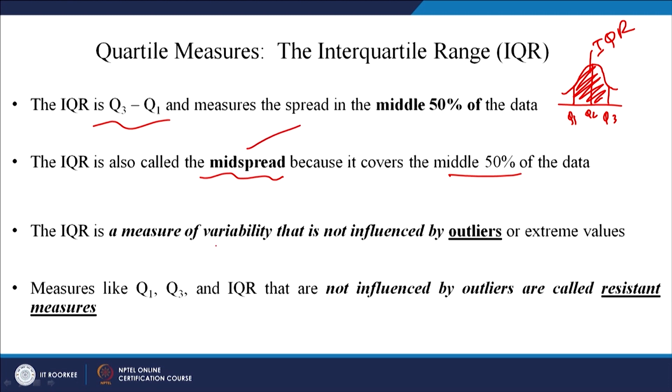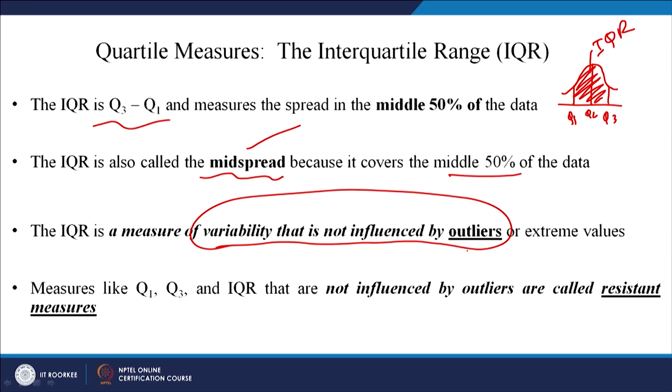IQR is a measure of variability that is not influenced by outliers, the most important characteristic of IQR. Why? Because it is not affected by outliers or extreme values. Why not affected by extreme values? Because the extreme values would be somewhere either in the less than Q1 part or in the more than Q3 part.